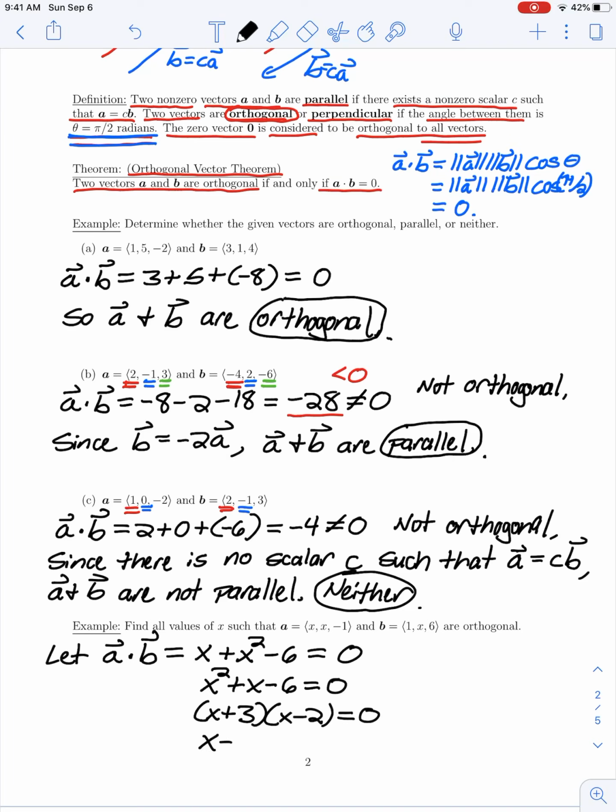So we find that x could be equal to -3 or +2. So two choices for x here that would make vectors of the indicated form orthogonal to one another.